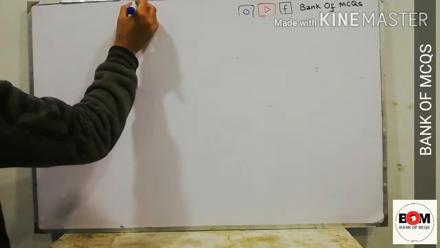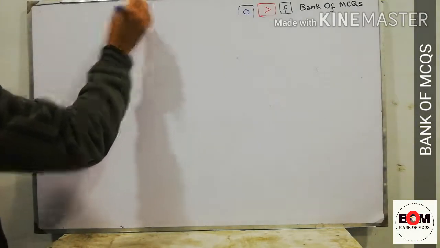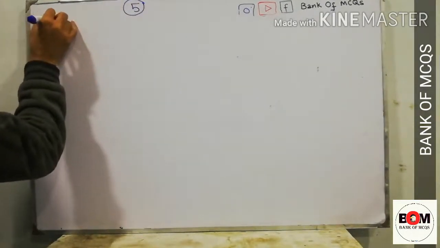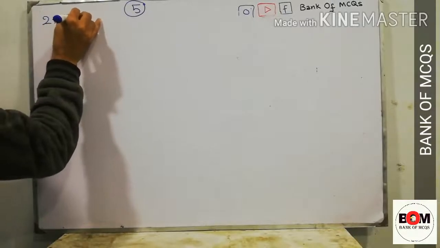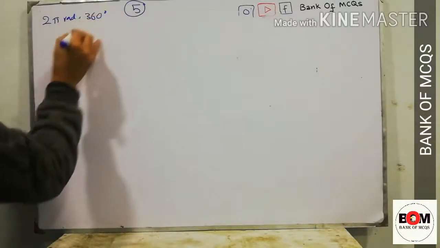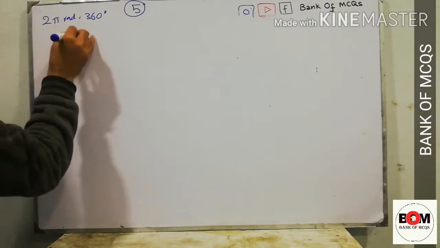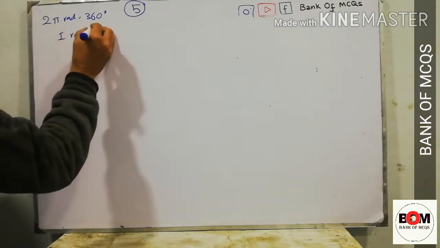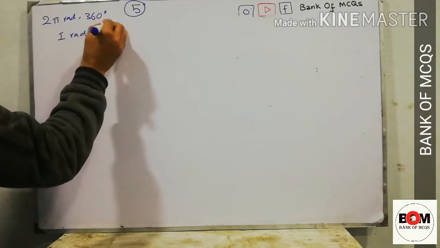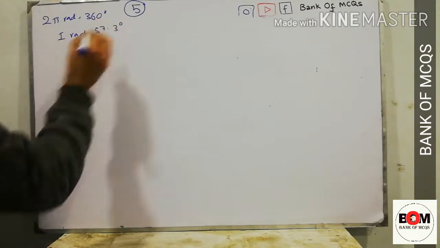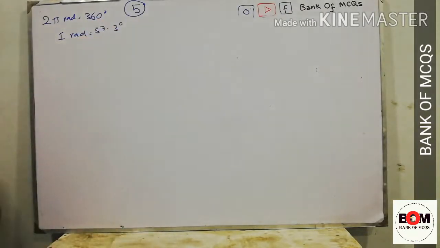We know that in chapter number 5, 2 pi radian is equal to 360 degree. The second was 1 radian is equal to 57.3 degree approximately.